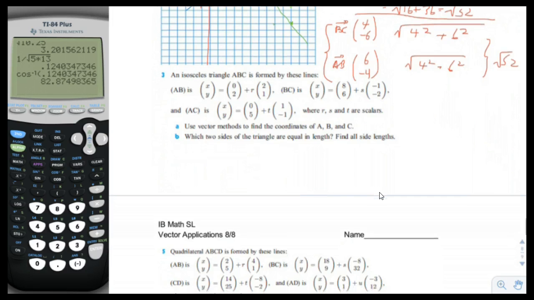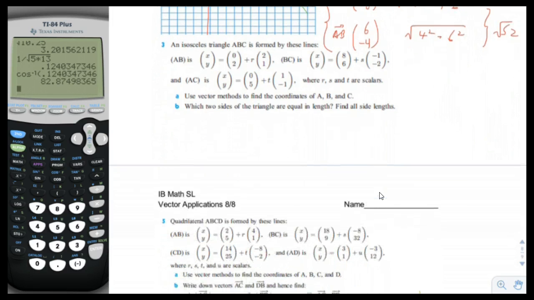Alright, now we've got an isosceles triangle ABC formed by these three lines, AB, BC, and AC. Okay?